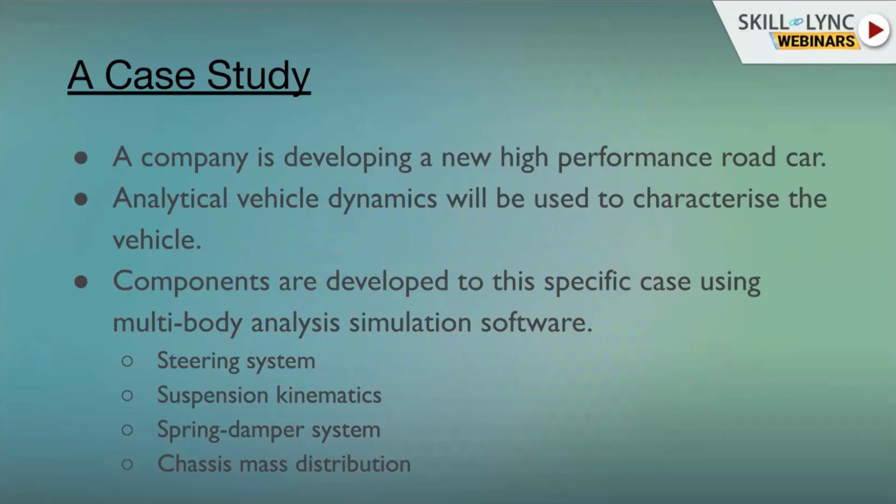That model is a complete representation of the vehicle. So every joint, every suspension member, the spring damper, the tire will be represented, things like bushings and NVH related items. Everything is represented in the vehicle model.